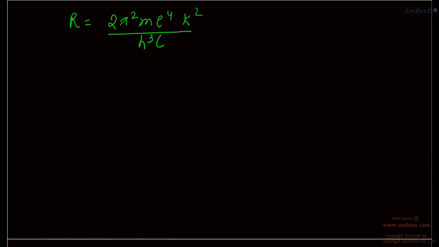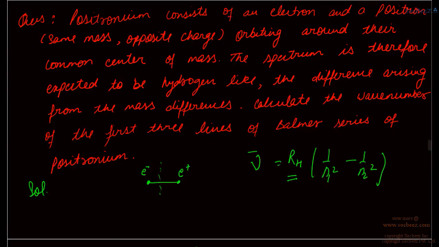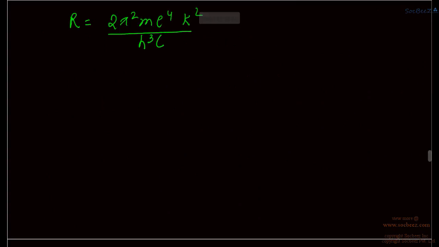Now here also we cannot apply 2m, because this is not a point species. The system mass is obviously 2m, but we cannot apply 2m here. Instead of mass, we are going to use mu, that is the reduced mass.